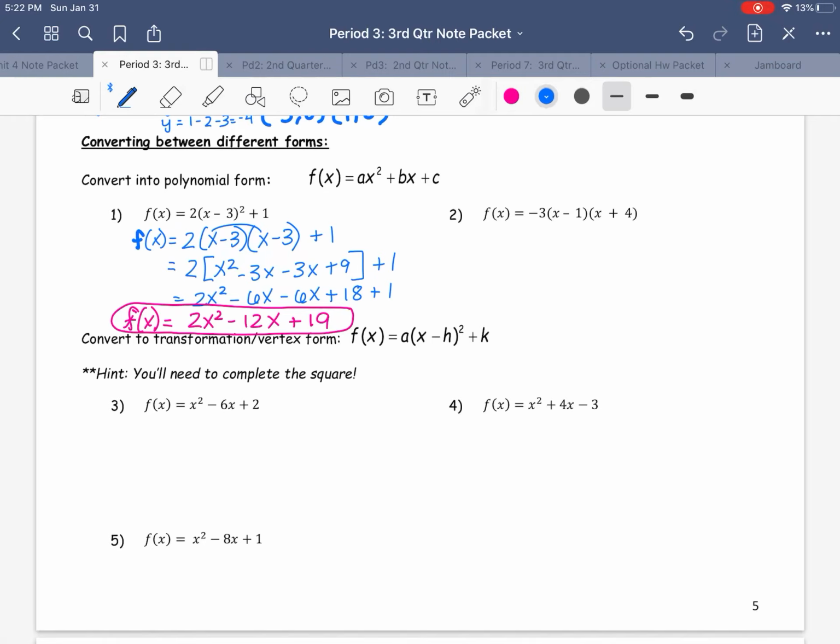Let's try number 2. So number 2, you have a choice here. You do need to multiply it all out. I'm going to choose to FOIL this first and then distribute the negative 3. So keep that negative 3 out front and FOIL.